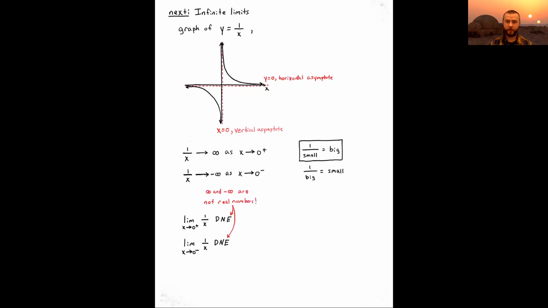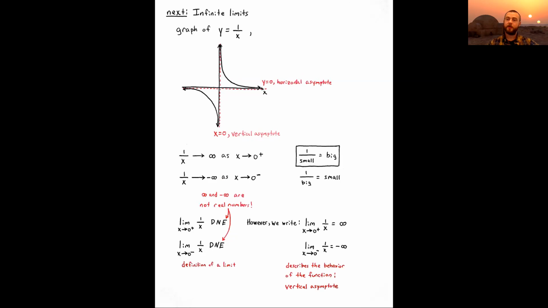All right, so realize before we get to the next point, these two limits down at the bottom there, as x approaches 0 from the right or left of the function 1 over x, both of them do not exist, since infinity and negative infinity, what the function is approaching, is not a real number. Now those statements actually tell you something about the graph and its behavior. So we're going to write the following.